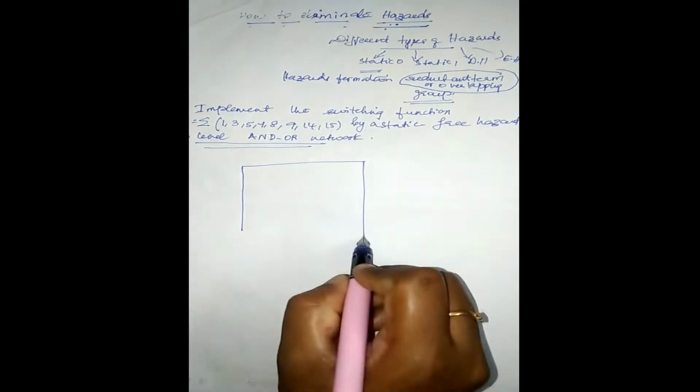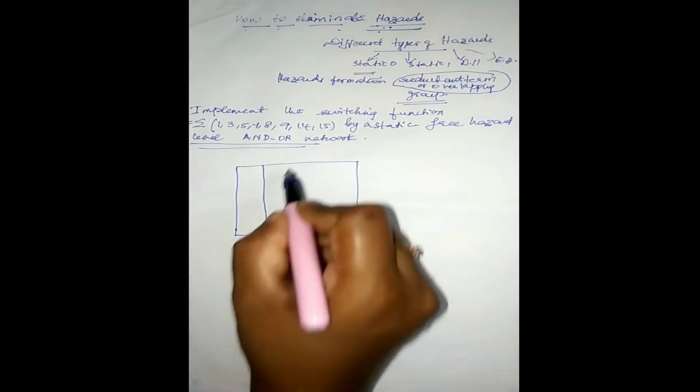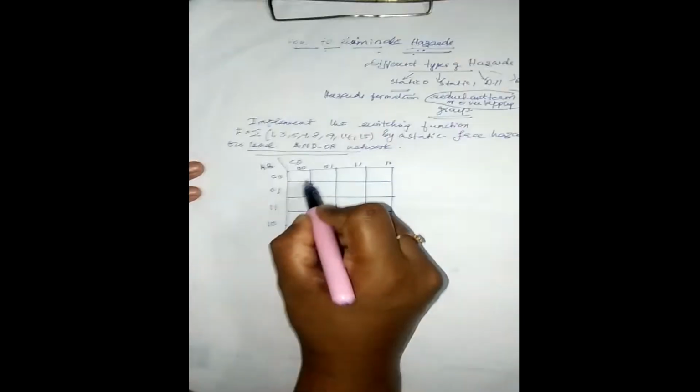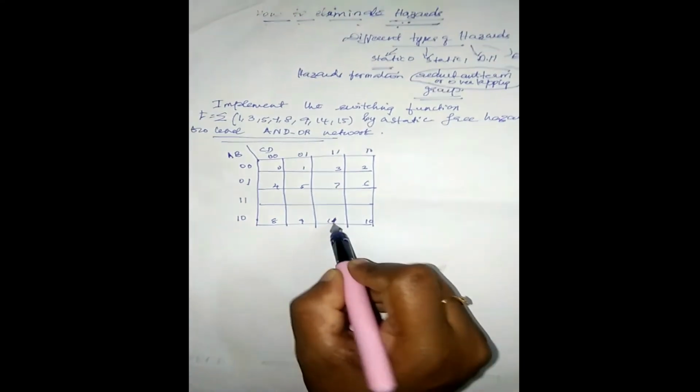Let me draw this for you. Since the terms are from 1 to 15, I have to use my 16-cell K-map, correct? Here I have AB and CD, labelled 00, 01, 11 and 10 on each axis. The cells are 0, 1, 3, 2, 4, 5, 7, 6, 8, 9, 10, 11, 12, 13, 14 and 15, right?